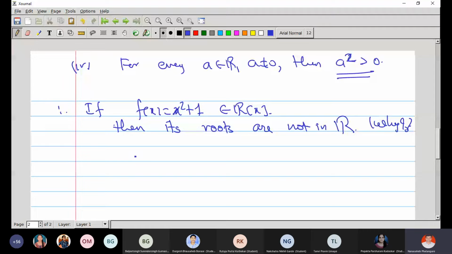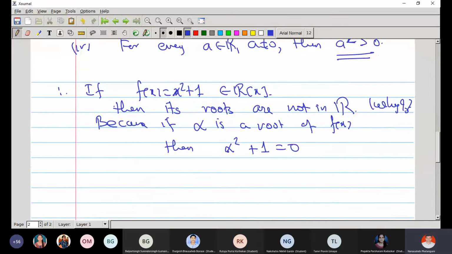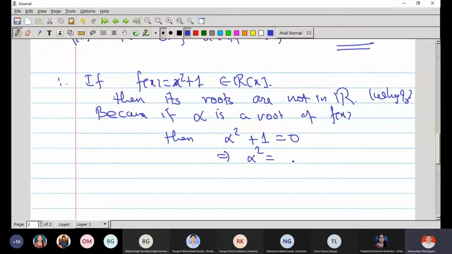Why? Because if alpha is a root of f(x), then what will happen? Alpha square plus 1 is equal to 0. Am I right? That means alpha square is equal to minus 1, which is negative.